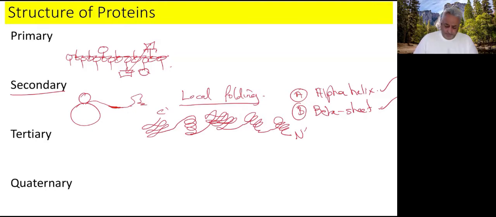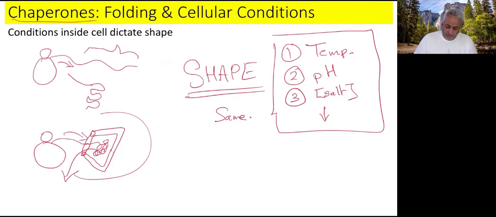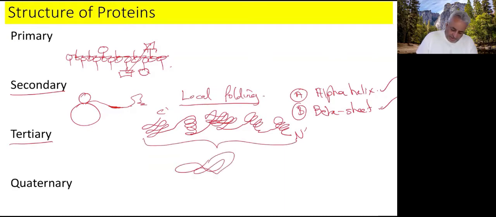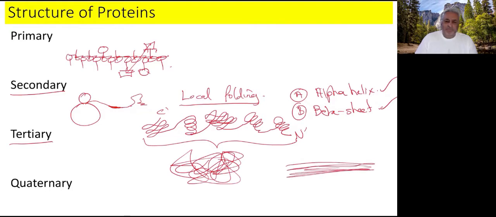Inside the cell, based on what we told you about these conditions here, the environmental conditions, the protein will go on to take up a final configuration where all these parts come together to generate a final structure. Could be a blob, globular, or it could be some type of filament that comes together. So the tertiary structure, the third level structure, is the polypeptide having its final shape.